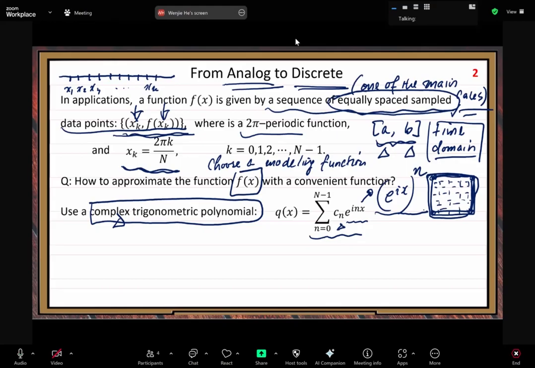Because in the e function we have sine and cosine. So trigonometric polynomial, the sine part and the cosine part. Later, when we calculate the real part of this complex function, we have the real part and the imaginary part. The real part is the cosine part. The imaginary part is the sine part.